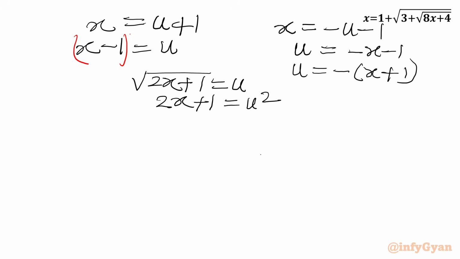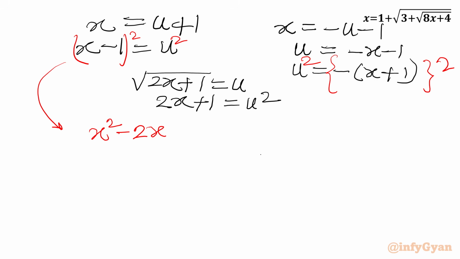I will put power 2 here, power 2 here, and in RHS also power 2. So I can write the equation x square minus 2x plus 1 in the left hand side, and in the right hand side there is u square, which is 2x plus 1.